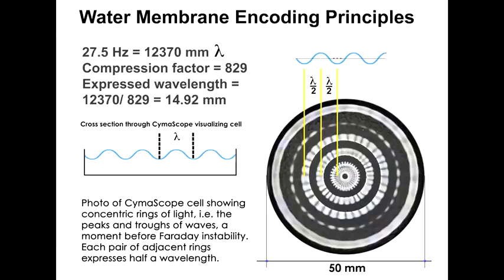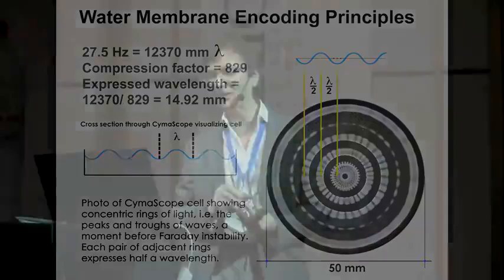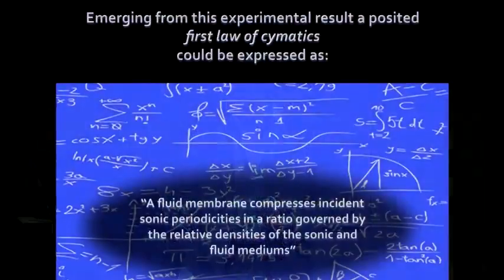So I think it almost certainly is correct that those long wavelengths, those sonic periodicities, are being literally compressed down simply because of that differential in the density of air molecules versus water molecules. And if any of you want any of these PowerPoint slides, by the way, please see me later and you can have them, so you can study them at your leisure.